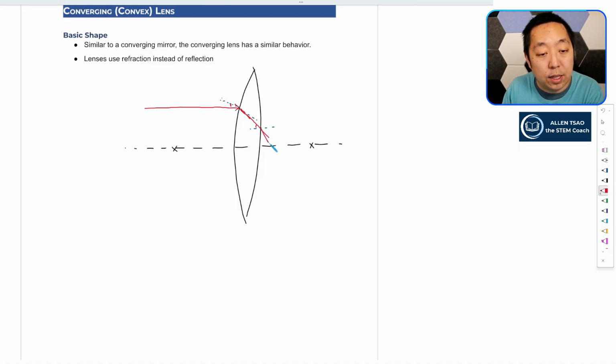And so what's going to happen is, we'll call that the focal point, it's shaped in such a way that all the light rays will bend towards the focal point.